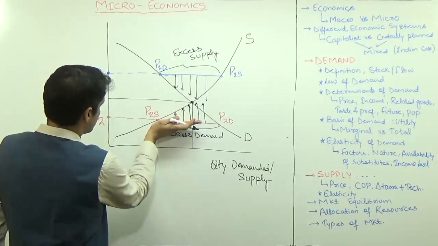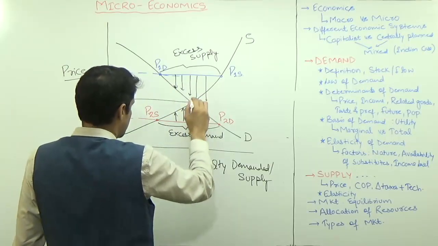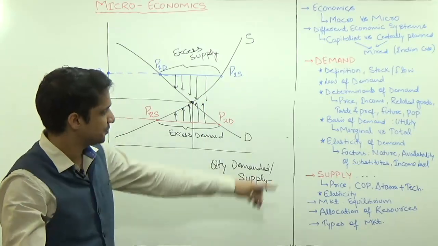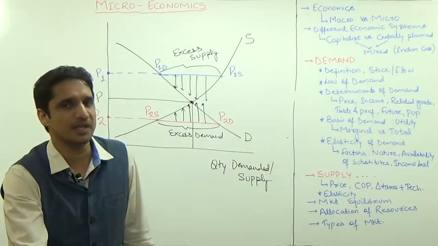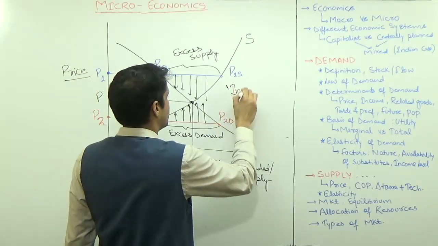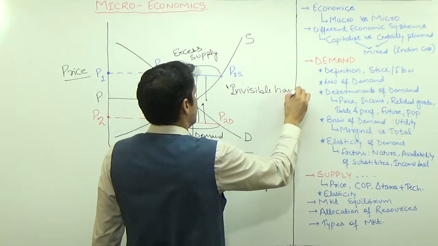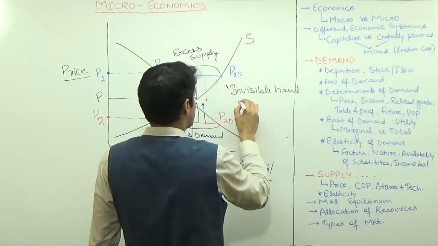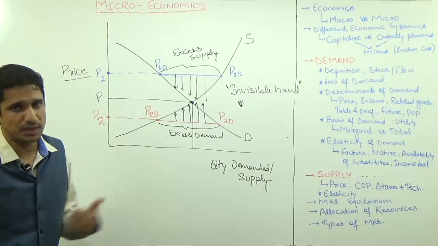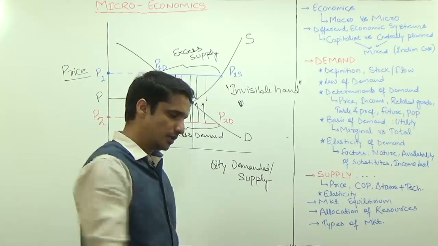So at P2, eventually P2 will increase and it will finally reach the point P, and this point P is known as market equilibrium, or it is also known as the invisible hand. It is the invisible hand concept given by Adam Smith, who also propounded laissez-faire. So this is what the market equilibrium is.